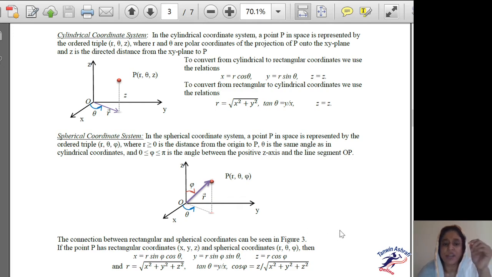The connection between rectangular and spherical coordinate systems is shown by these six equations: x equal to r sin phi cos theta, y equal to r sin phi sin theta, z equal to r cos phi. Similarly, r equal to the square root of x squared plus y squared plus z squared, tan theta equal to y by x, and cos phi equal to z divided by the square root of x squared plus y squared plus z squared.